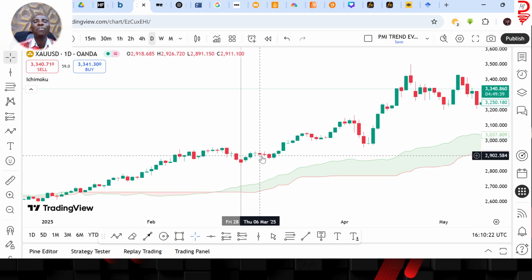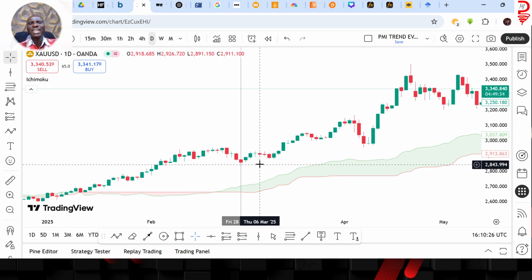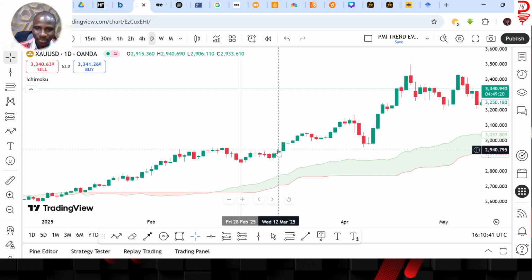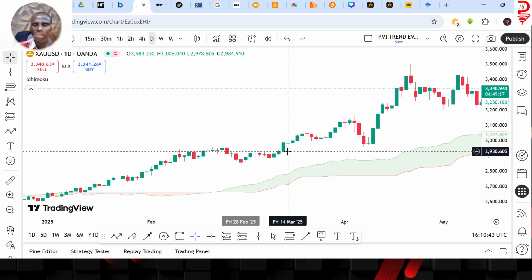However, what really proves that it is a corrective wave is that it does not break the previous low. You need to get this now. It does not break the previous low for an uptrend, and it does not break the previous high for a downtrend. Now this is just theory.